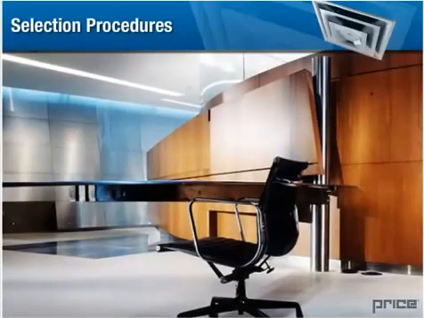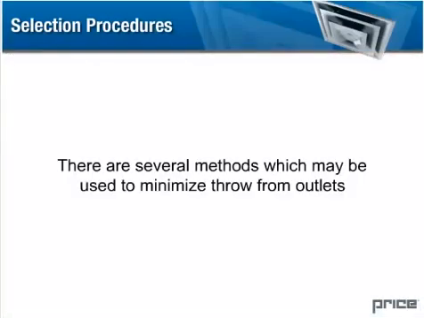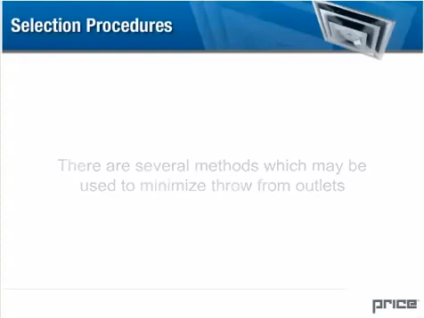In many applications, it is desirable to limit the throw due to ceiling layout, walls, partitions, or other boundaries which may obstruct the air pattern and cause unacceptable velocities in the occupied zone. There are several methods which may be used to minimize throw from outlets. Spread.